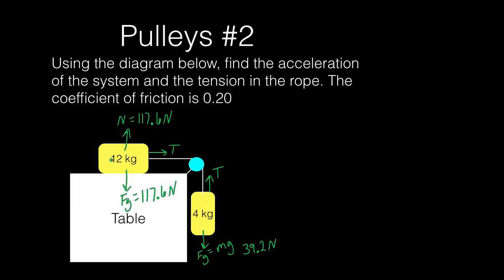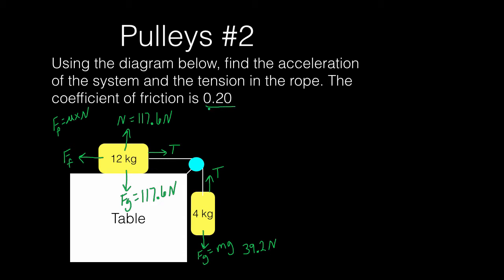Okay, and there's a rope here, so we're going to call that force tension. And there's also another force acting on this block, and it's acting in this leftward direction, and we're going to call that the force of friction. And if you remember back from our previous videos, the force of friction is equal to the coefficient of friction times the normal force. And it told us in the problem that the coefficient of friction was 0.2.